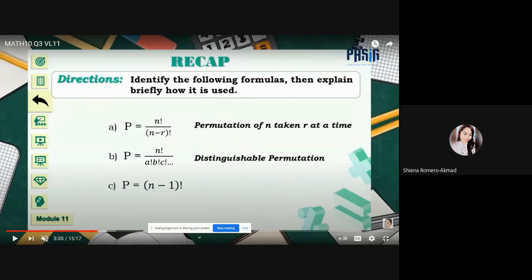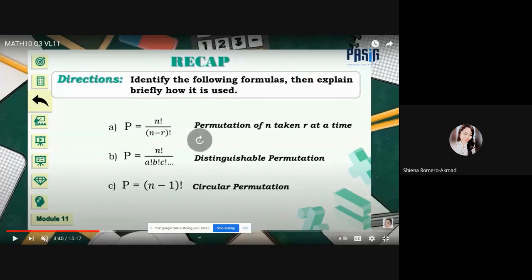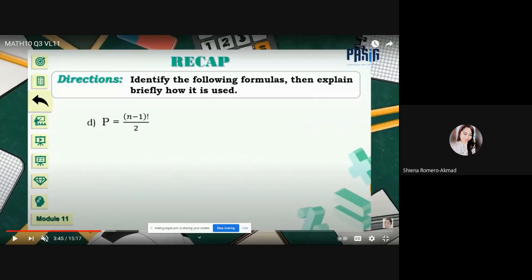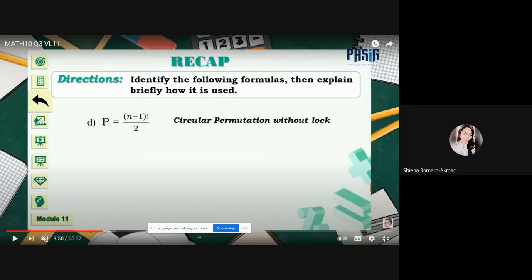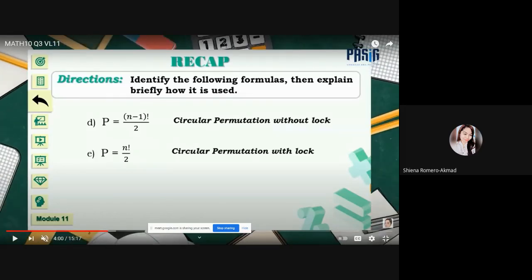Ano pa? We also have for circular permutation, that's n minus 1 factorial. Kung bracelet, keyrings, and the likes, like necklaces, and you cannot identify their counterclockwise and clockwise, and at the same time, it has a lock. That's n minus 1 factorial divided by 2. Divided by 2 pa rin kapag with lock, pero that's n factorial na lang.